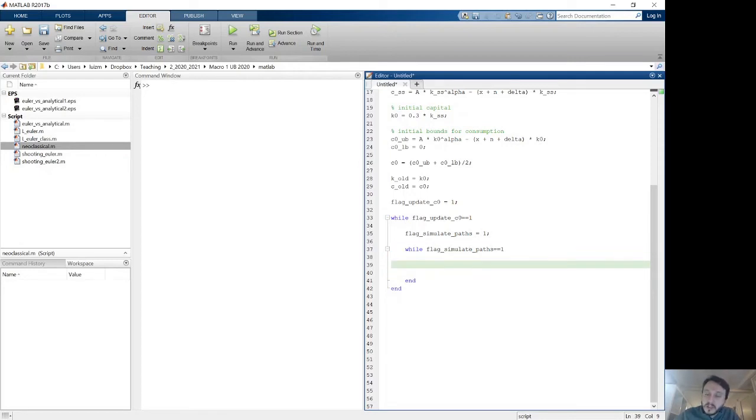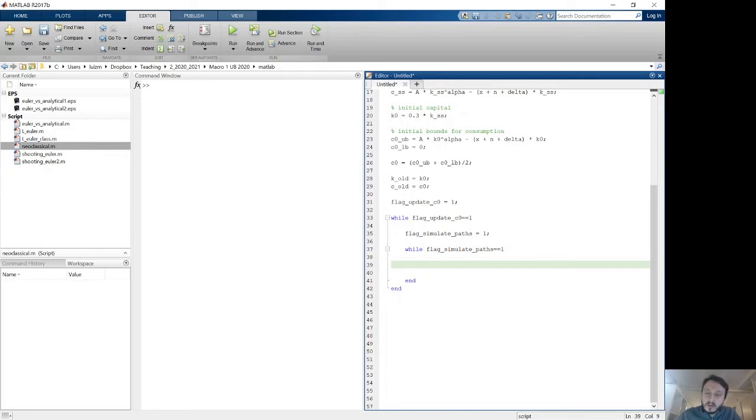But there will be an iteration in which we will make this variable equal to 0. So when MATLAB finishes this loop, MATLAB will check, look, is this variable still equal to 1? And in this case, MATLAB will check, oh, look, it's not 1, it's 0, so I can leave this loop. Okay, so that's how a while loop works in MATLAB.